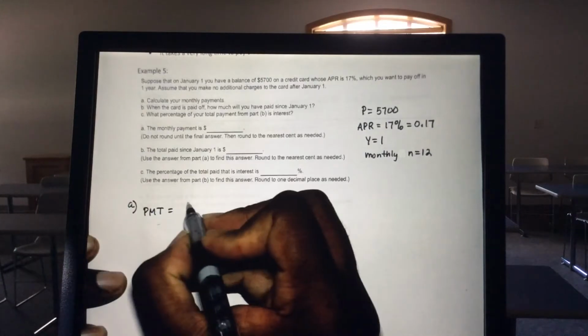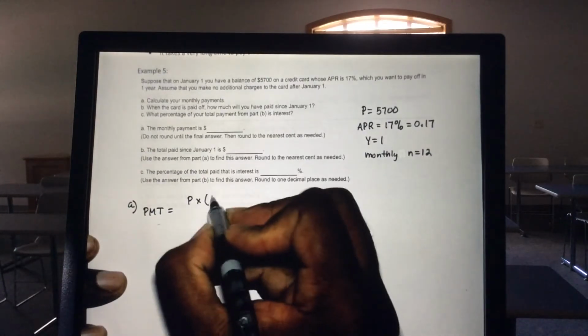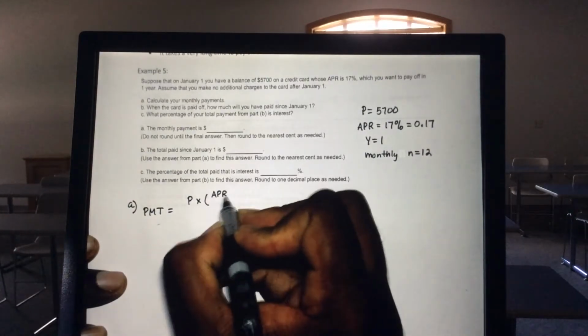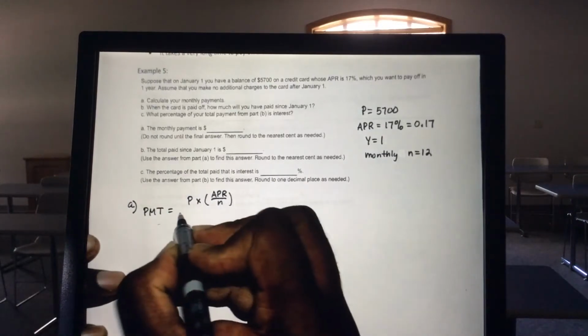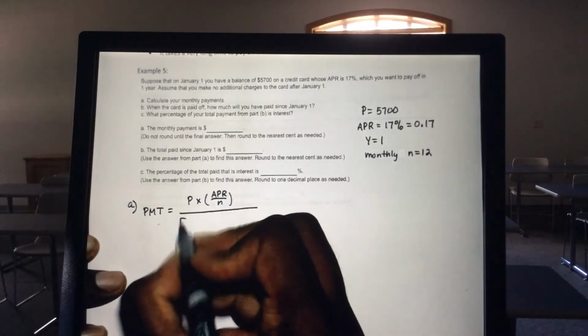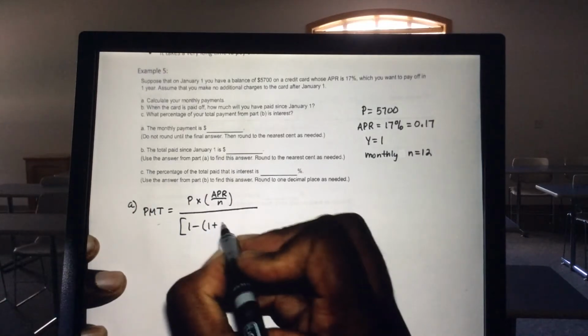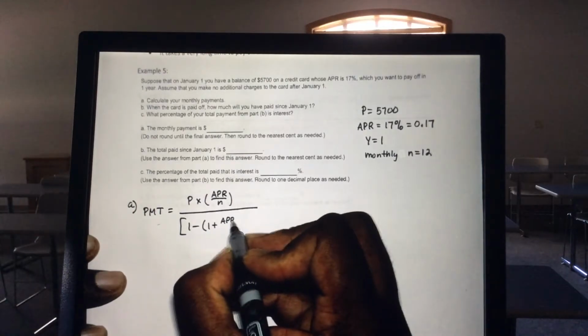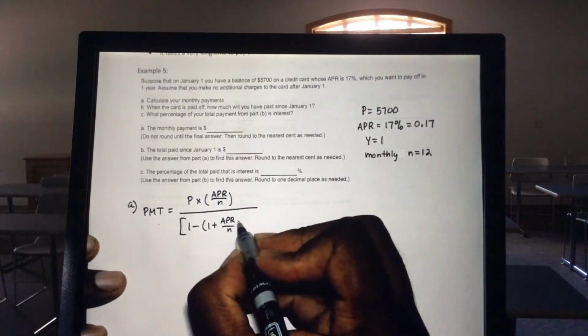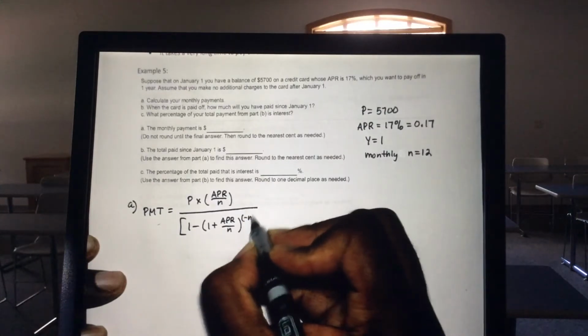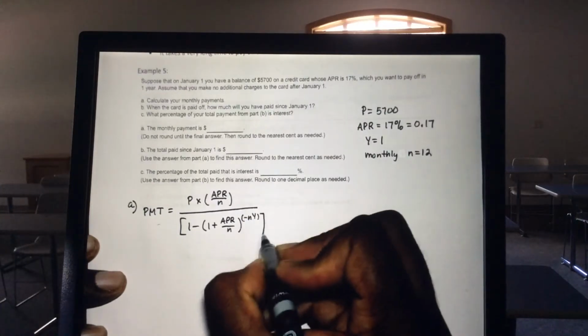That PMT is equal to P times the quantity APR divided by N, all divided by a quantity of 1 minus, in parentheses, 1 plus APR divided by n, that's raised to the negative n times y power.